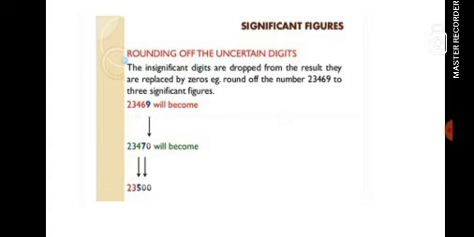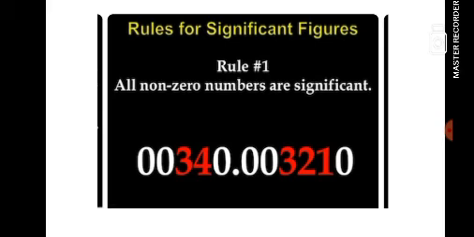Later on, if we further want to round it off, then 23,470 will become 23,500 because 7 is greater than 5 and therefore 4 will become 5.